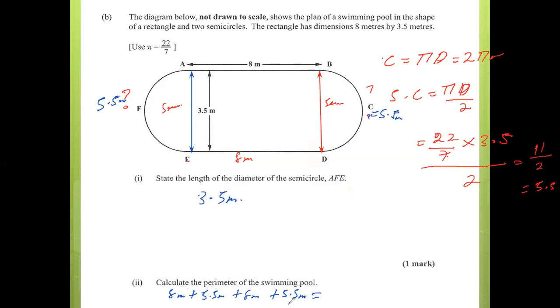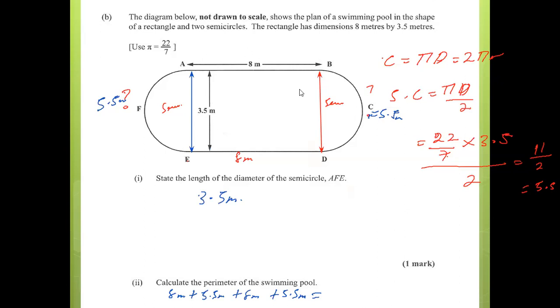Excuse me, sir. Yes, I'm listening. Yes, go ahead. Sir, when I divide it by 2, it would be the same diameter. No. So why do I divide by 2? Because of the semicircles, 2 semicircles, right?